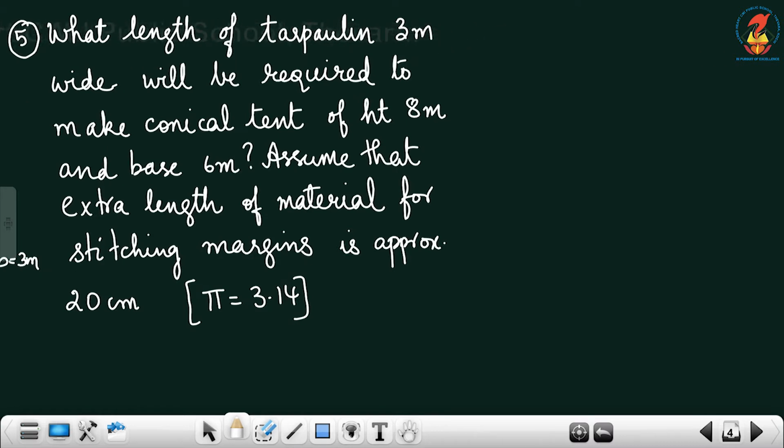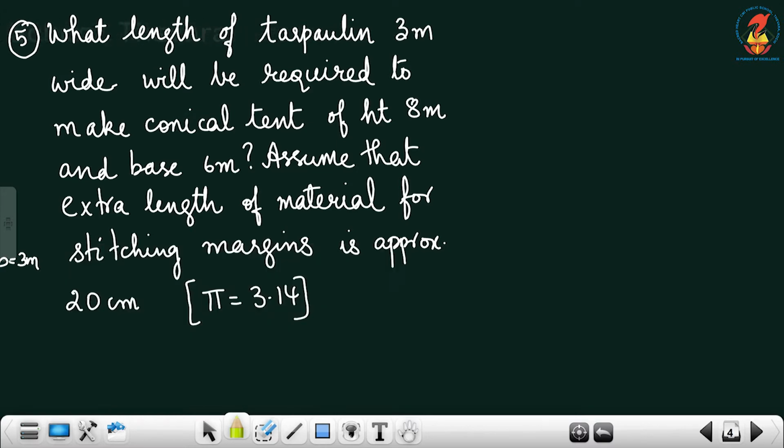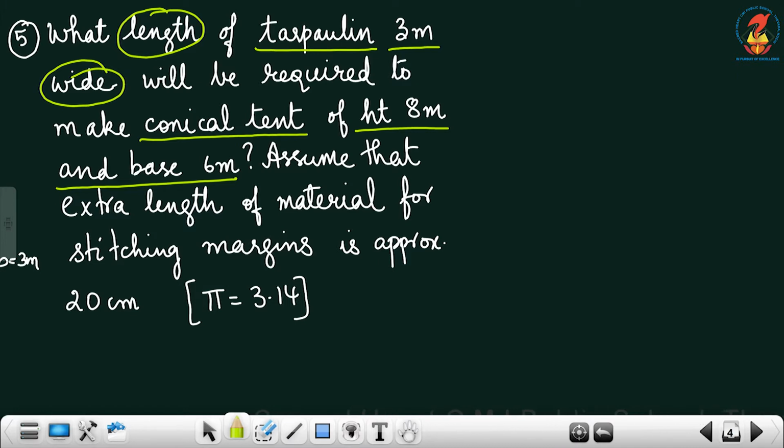Now next question. What is the length of the tarpaulin 3 meter wide that will be required to make a conical tent of height 8 meter and base 6 meter?